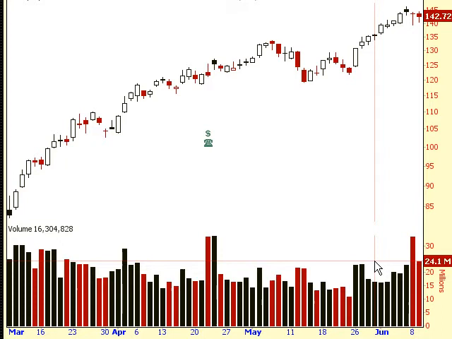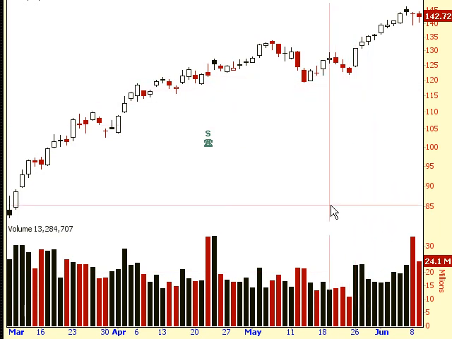I go into great detail on the volume side of things in my mentoring sessions. So for those of you that will mentor with me, I will go into great detail of what you need to look for when it comes to volume and price action, because those are the two things that you will need the most in your trading, for sure.